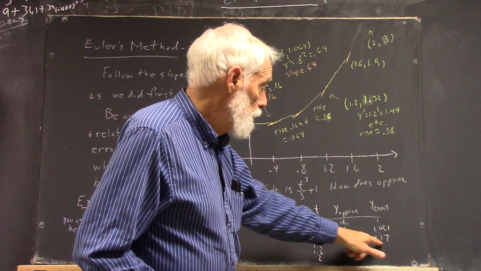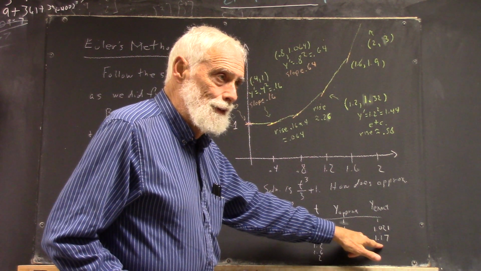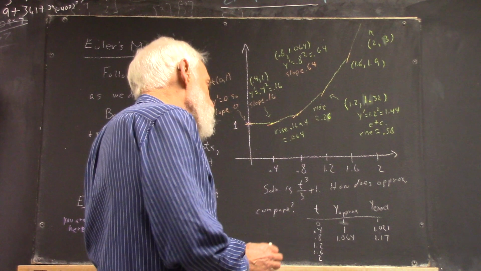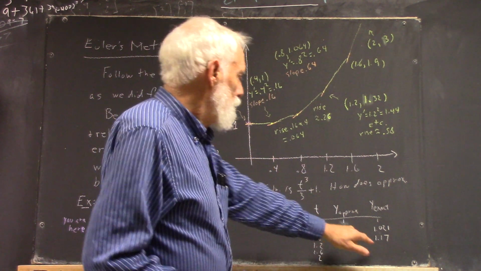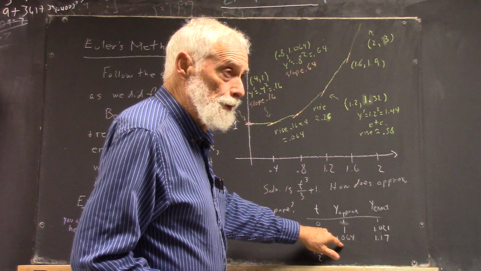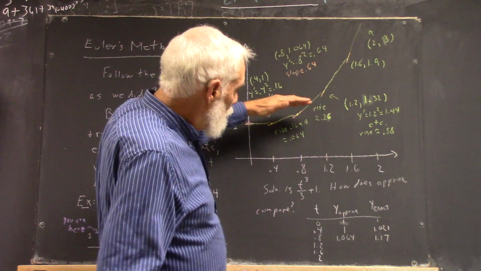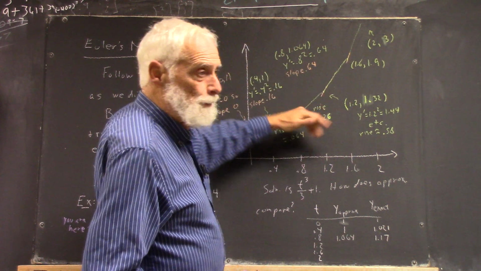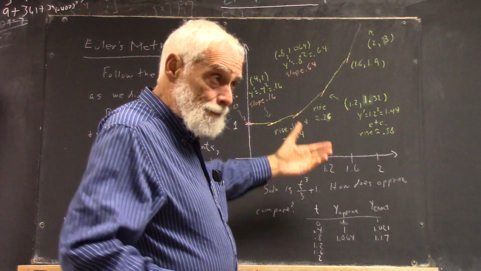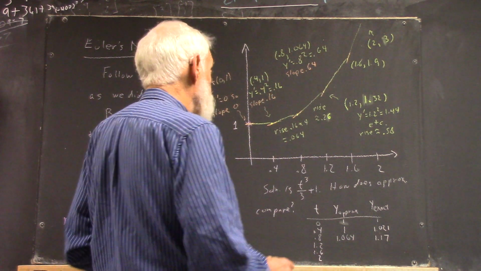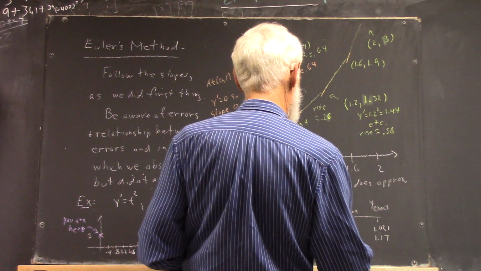So we're starting to get some separation between the exact and the approximation. And it's only going to continue to get worse, because as the slopes rise faster and faster, the underestimate gets more and more drastic. So without further ado, let's just write down some numbers.